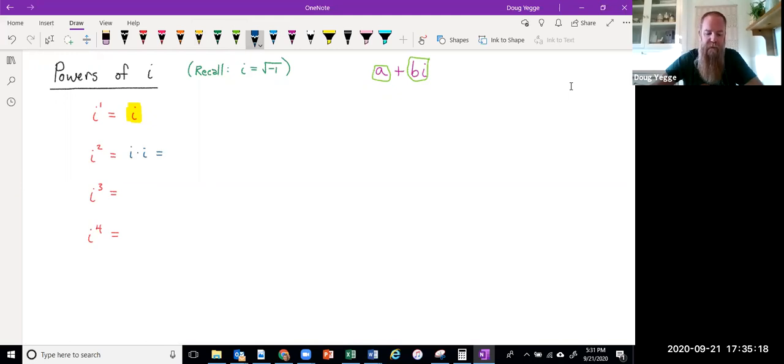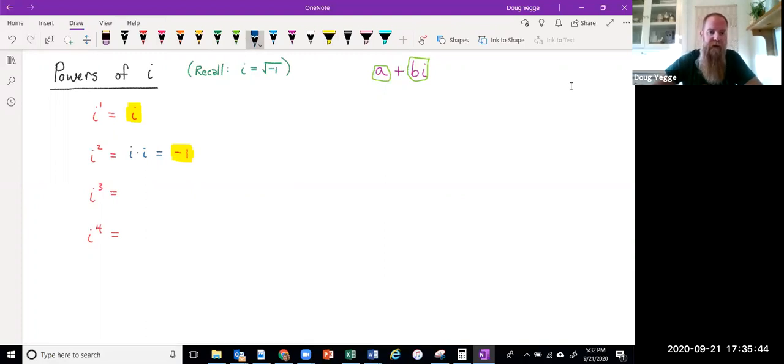But if you remember what that showed, that was essentially just the square root of -1 squared. So we know, and we've already proved, that that becomes -1. So just for the first two here, we can see that i to the first power is imaginary, while i to the second power is real.